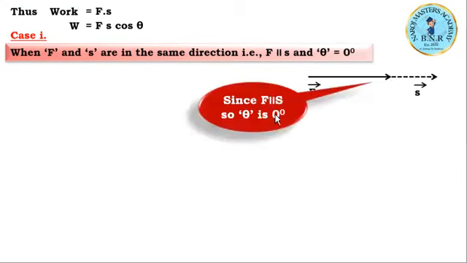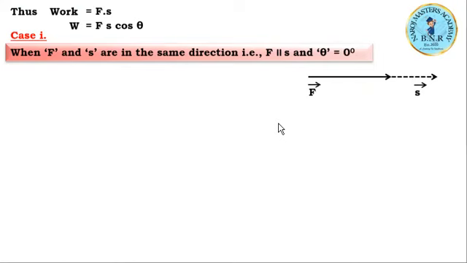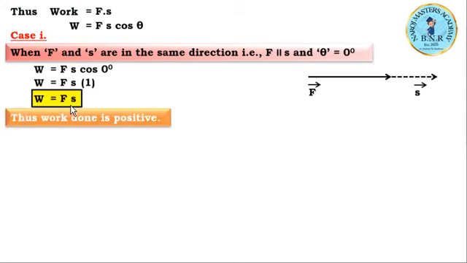Since F is parallel to S, cos theta is cos 0, which is 1. So W is equal to Fs cos 0, that is W is equal to Fs. This is case 1. Thus work done is positive.